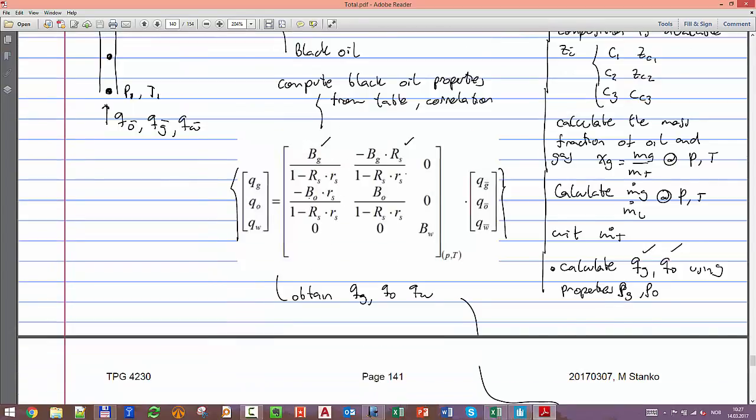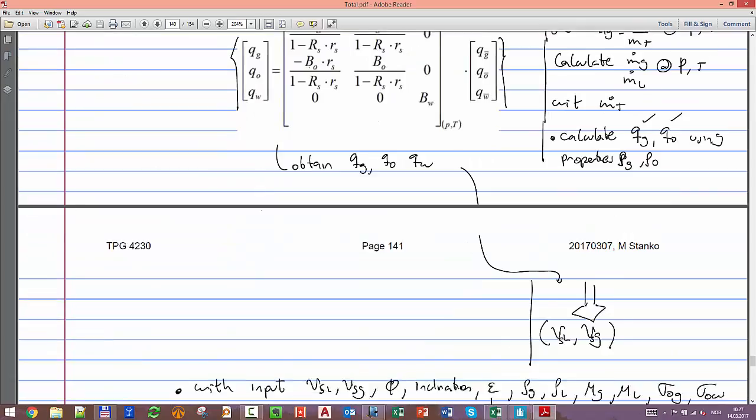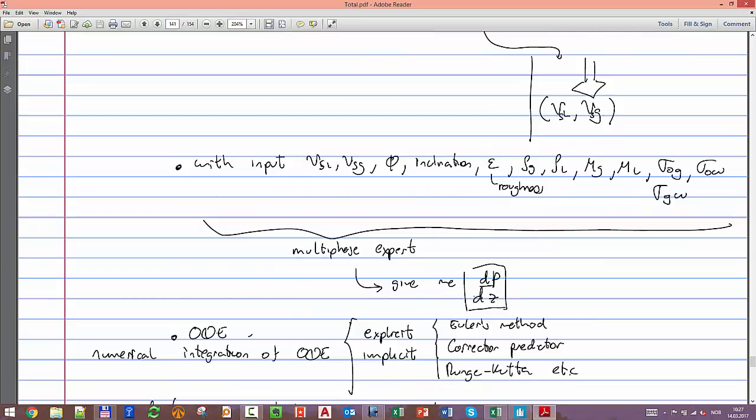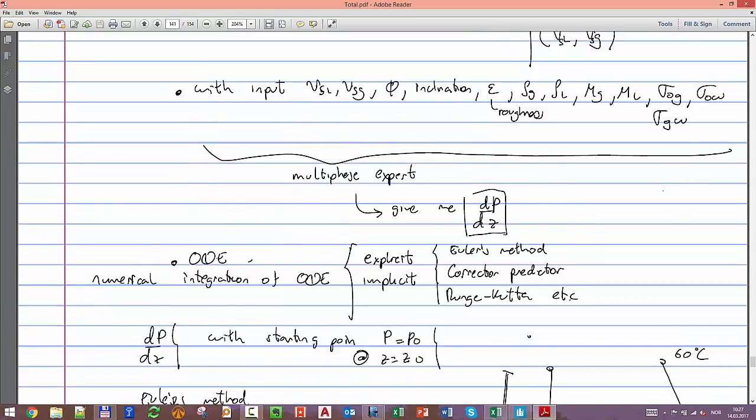You just use that matrix to convert from standard to local, and after that, with this and the fluid properties and the pipe properties, you go to your multiphase expert to say, give me dp/dz, okay, give me the pressure gradient, that will have the three components: acceleration, friction, and hydrostatic.